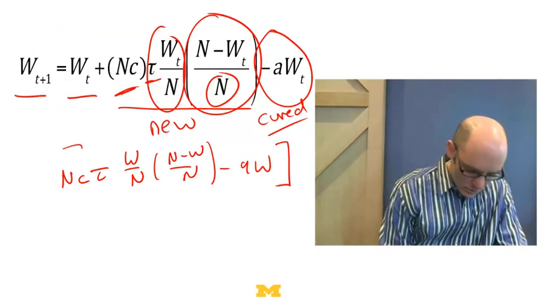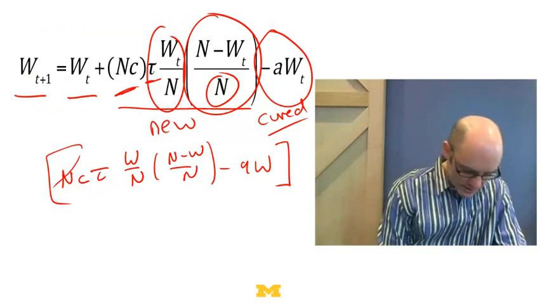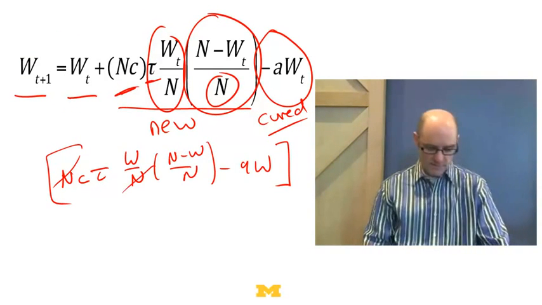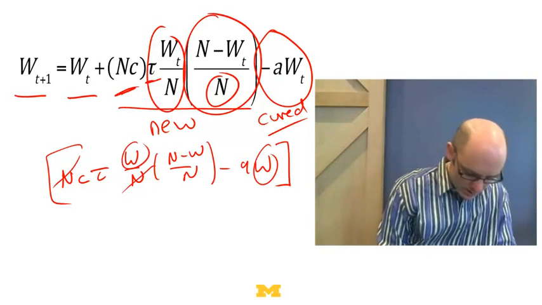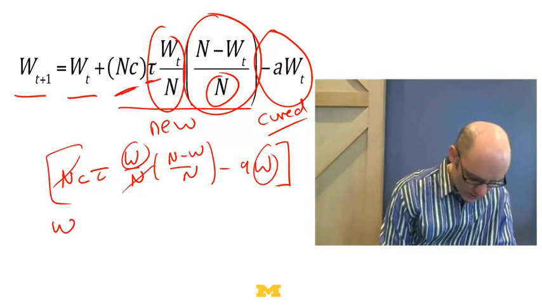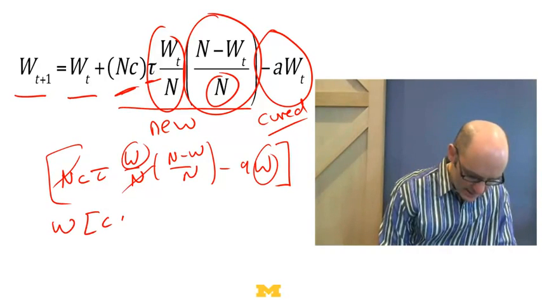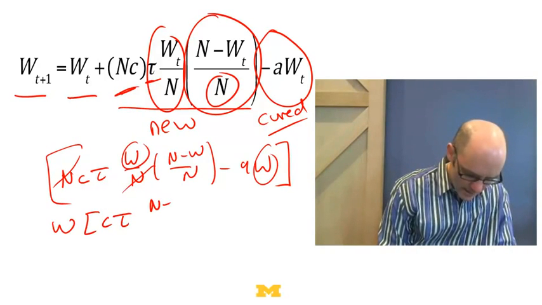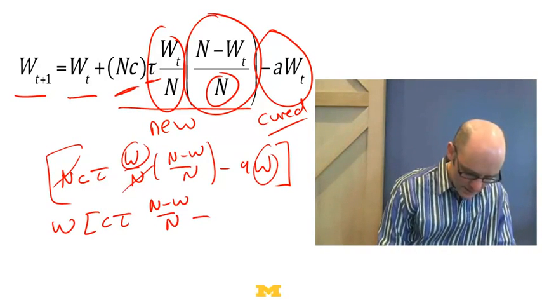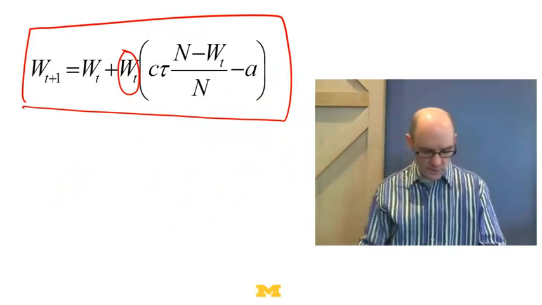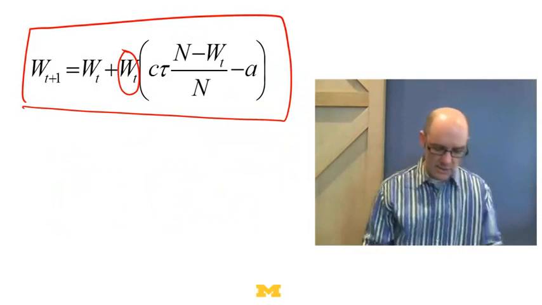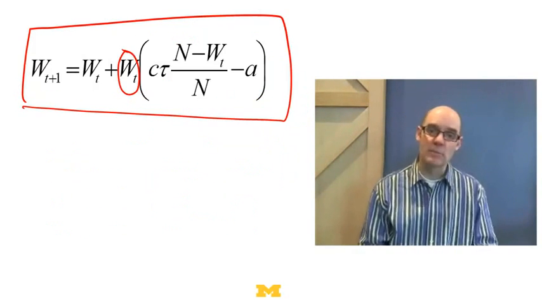And so what I do is I say, let's cross out this N with this N. That's fine, because those N's go away. And then I've got a W here and a W here. So I'm going to pull out that W, and then I've got Cτ times (N minus W) over N, minus A. That's what I've got. And if I look over here, that's what I've got: Cτ times (N minus W) over N, minus A.